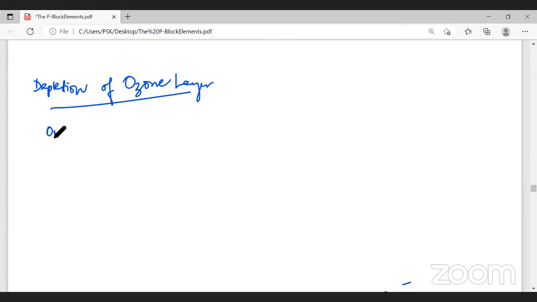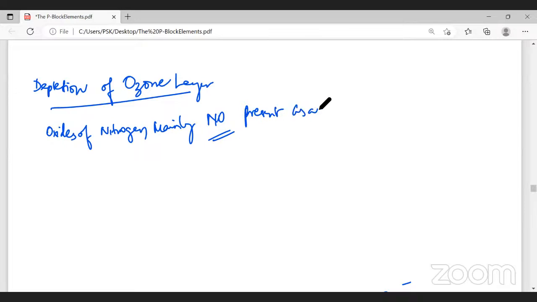The main reason is oxides of nitrogen, mainly nitric oxide, present as an effluent of supersonic jet planes.